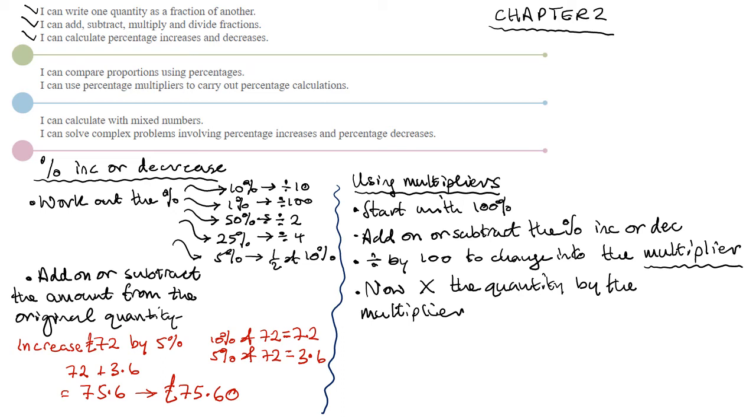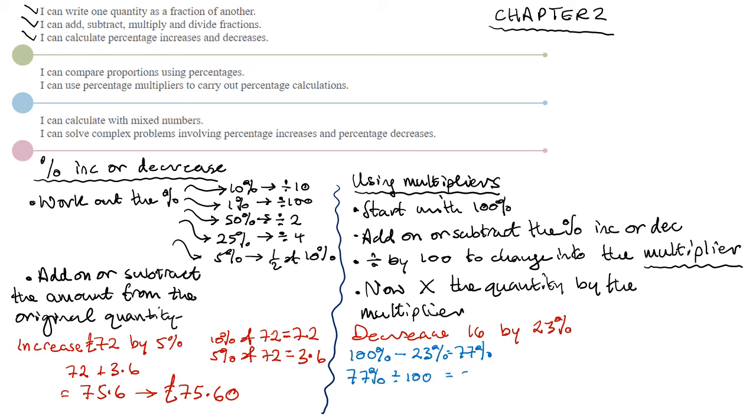Let's say we want to decrease 16 by 23%. So we start with 100%, always. Because it's a decrease, we subtract 23%. So 100 take away 23 leaves me with 77. So I've now got 77%. I need to change 77% to a decimal, or this multiplier by dividing it by 100.